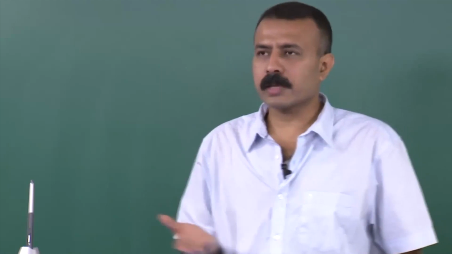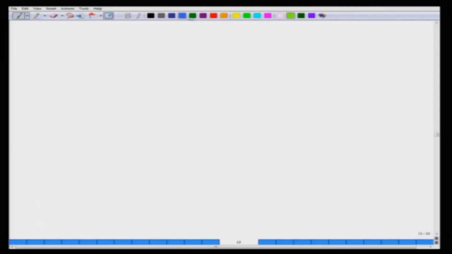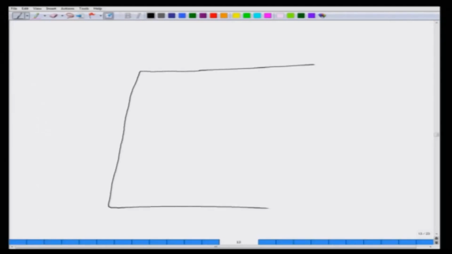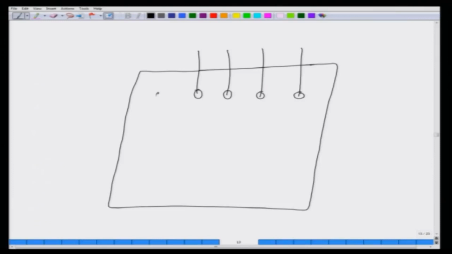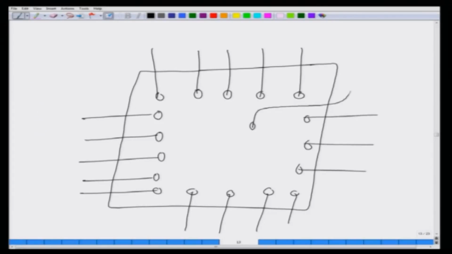Another approach along the same line, a hybrid approach which is being followed, I am going to draw: I introduce you to the microelectrode arrays. Let me draw a microelectrode array and tell you what that approach is. It is a very interesting approach, where, for example, you have these microelectrode arrays sitting out here like this. You may have electrodes like this.